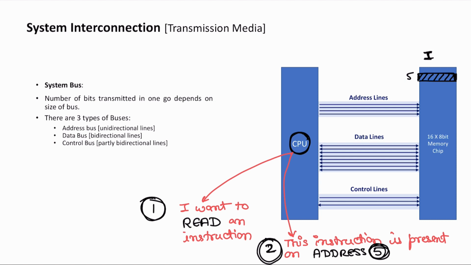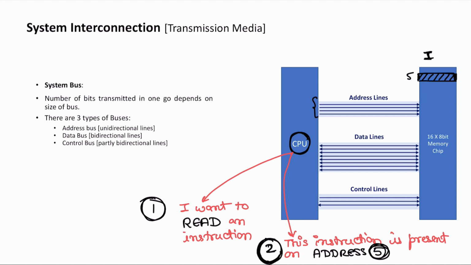It will use the address lines to tell the second thing. What is the second thing? He wants the instruction which is present on address 5, so he will be sending address 5 on the address lines.